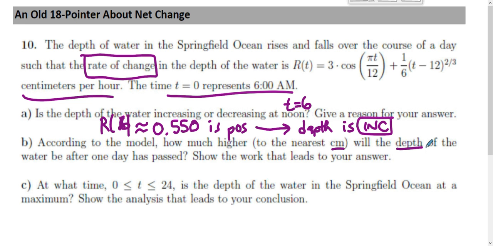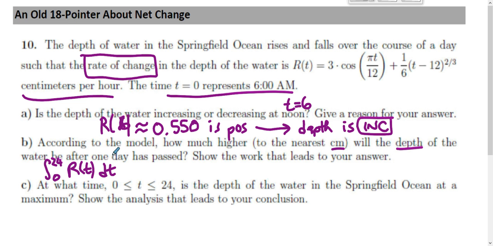So it stands to reason we take an integral over an entire day of this r function. How do we do that? We take an antiderivative, which would be the depth of the water, plug in, and subtract. Well, what does that mean? We figure out what the depth is at 24, we figure out what the depth is at 0, and subtract. That's how much higher the water will be after a day has passed.